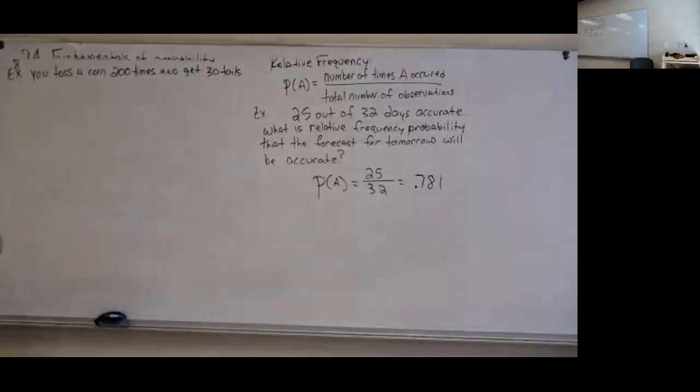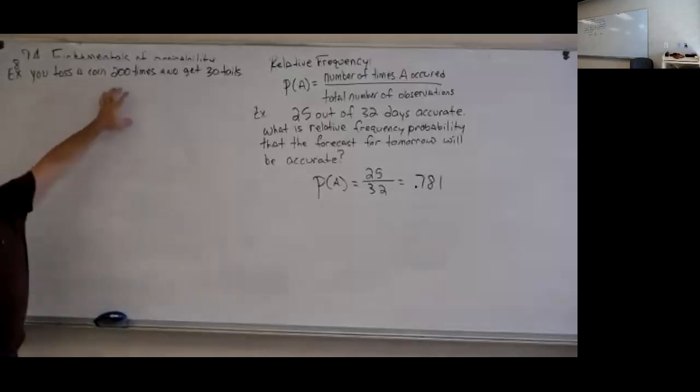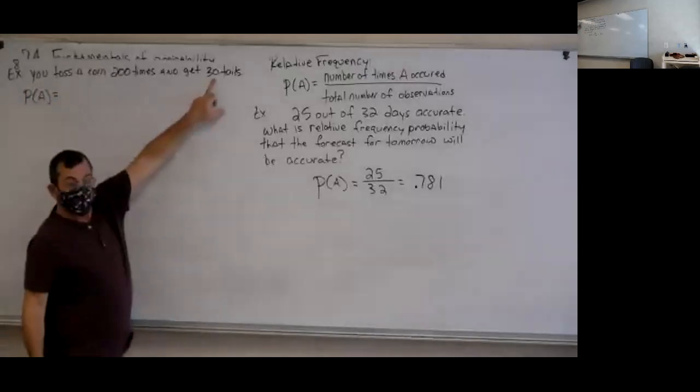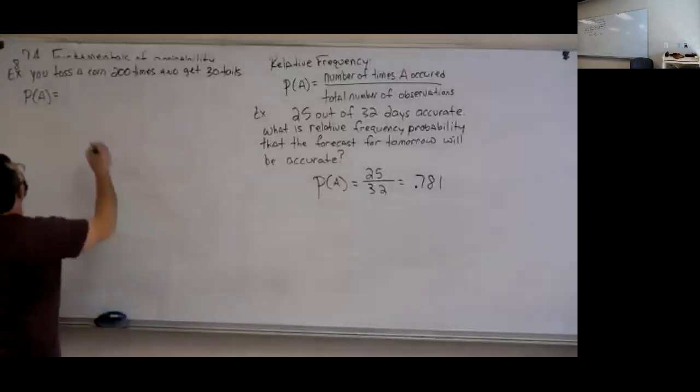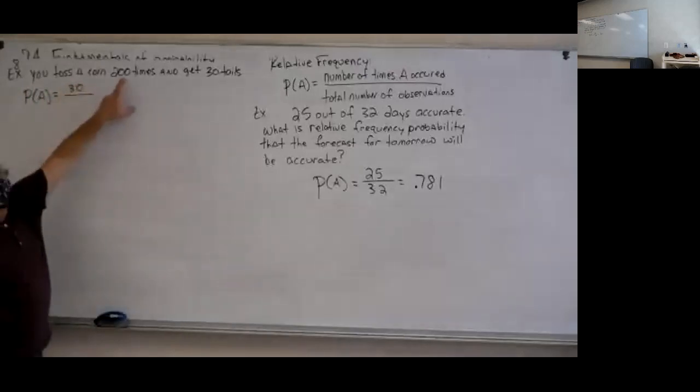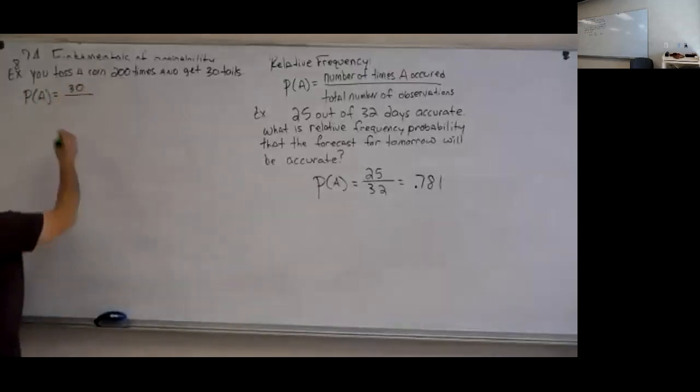So first they want me to determine the relative frequency, and that'd be going by what they gave me, okay? So my relative frequency of getting a tail would be, I got 30 tails, right? Out of tossing it 200 times.